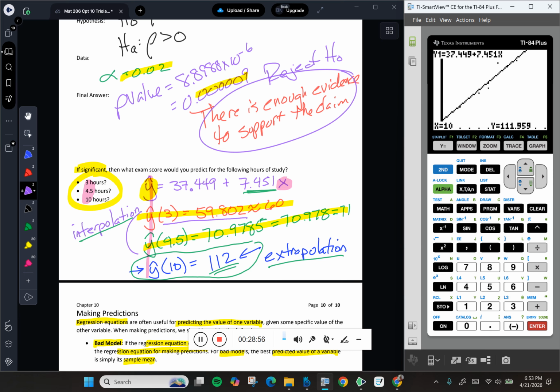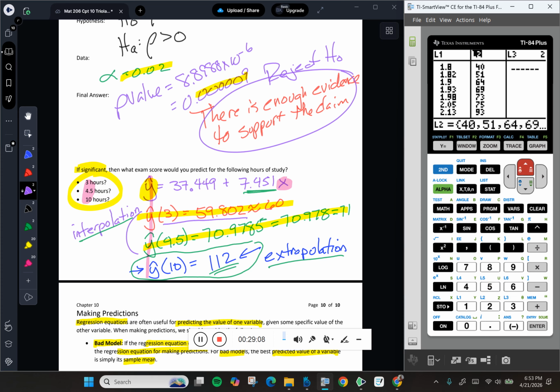All right, I want to change something here real quick, so follow with me. Let's see, I need to make this L5 and I need to make this L6. This is the Yellowstone data about Old Faithful.